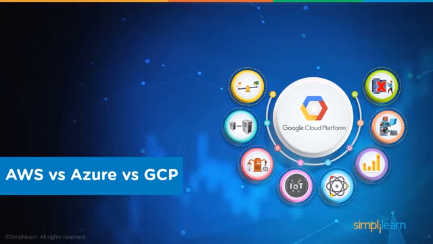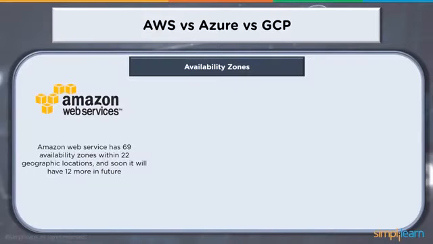If I compare your different cloud providers, when we talk about Amazon and its cloud offerings, that is Amazon Web Services or AWS as we well know it, Amazon Web Services has 69 availability zones within 22 geographical locations, and soon it will have 12 more in future.